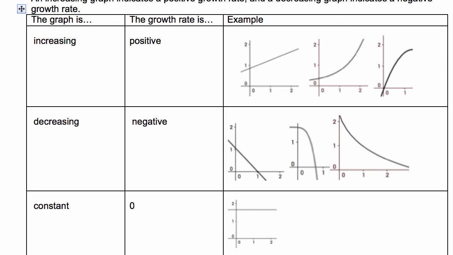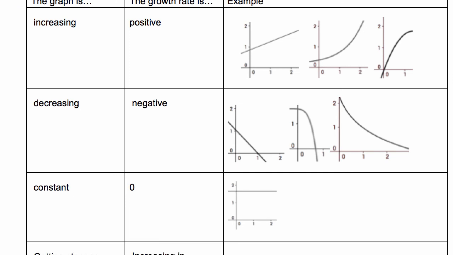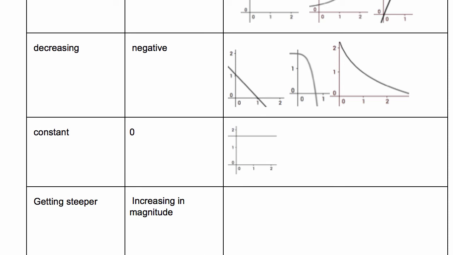Next, let's look at graphs that are getting steeper. Because these graphs will be getting steeper, their growth rates will be increasing in magnitude. As we move our pencil from left to right, the graph goes from being very flat to very steep.